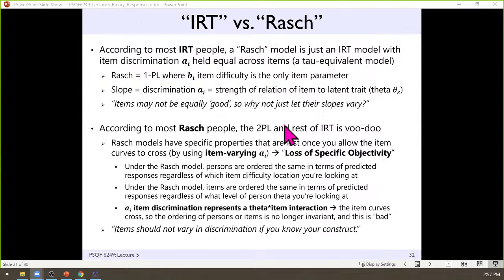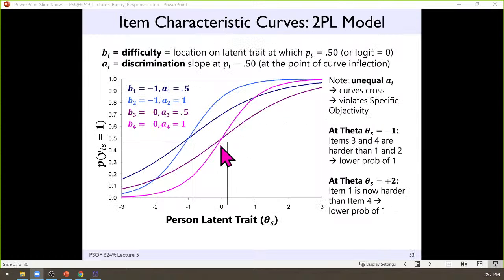In other words, let me get a picture here. Here on slide 33, the pinkish items have the same difficulty. The point where it crosses 0 is the same, but the lighter pink item has a steeper slope.